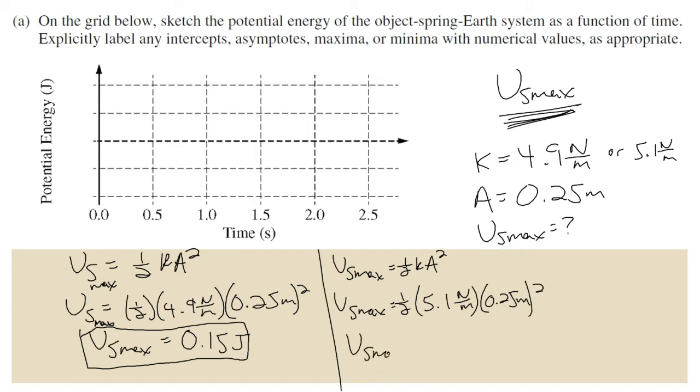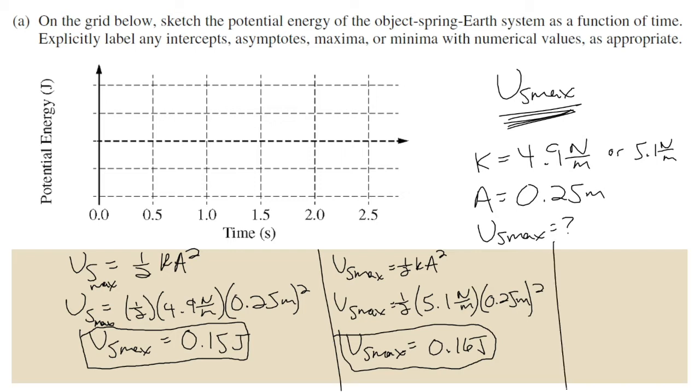And when you end up doing that math here, you get the spring potential energy ends up being 0.16 joules. Again, I know a lot of you are probably looking at that and thinking, well, that's not the same number. But it's very important to remember in experimental physics, close enough is good enough. And those numbers are close enough.